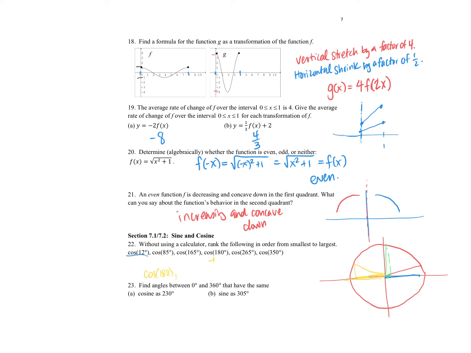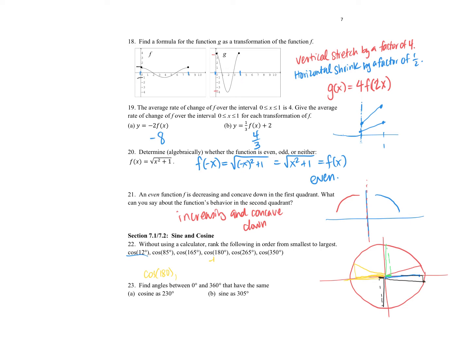Cosine of 265 will be really close to 270, so it'll be right here. Then cosine of 350, almost 360, should be this one. So that's going to be the biggest one.